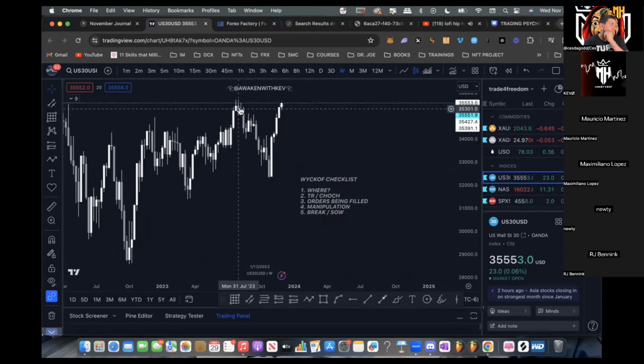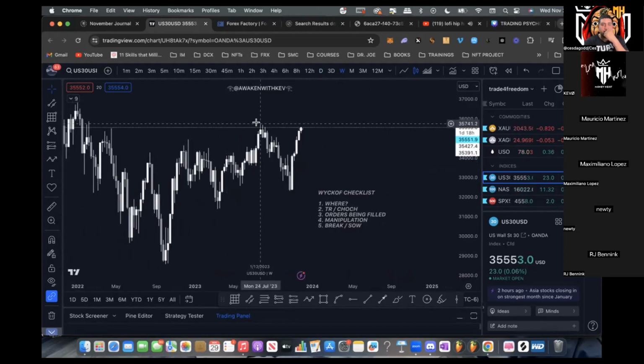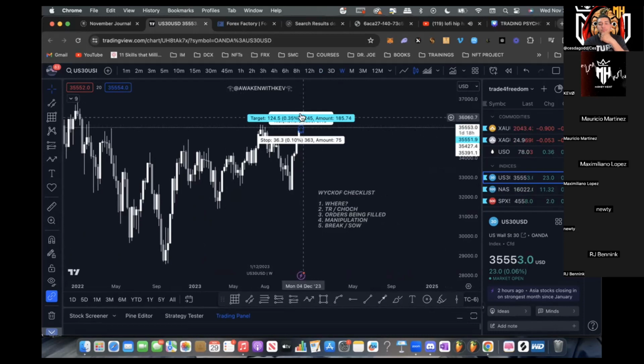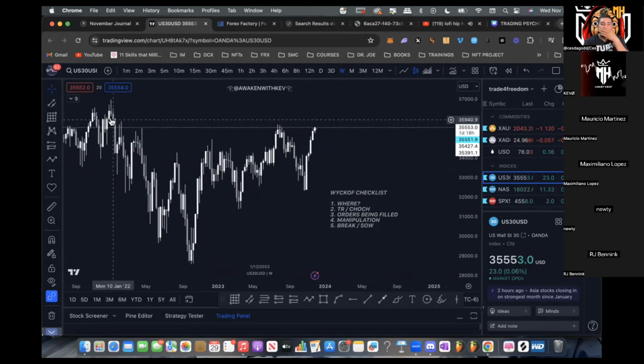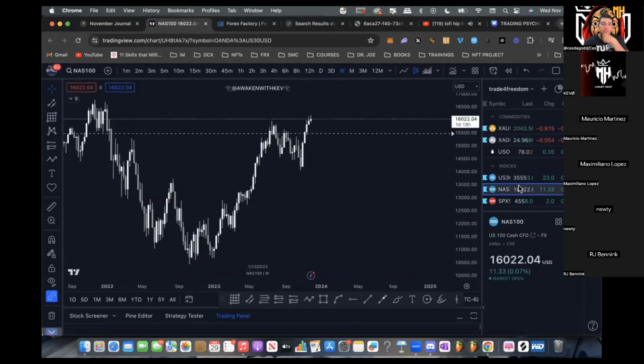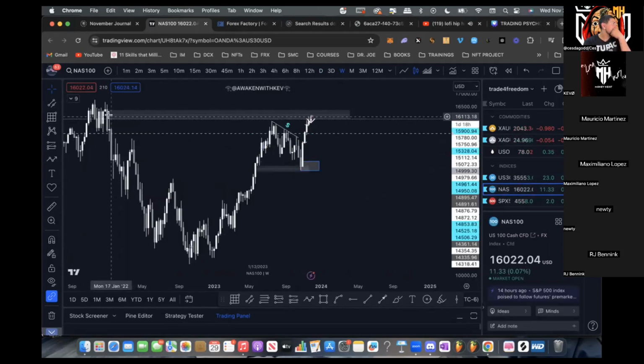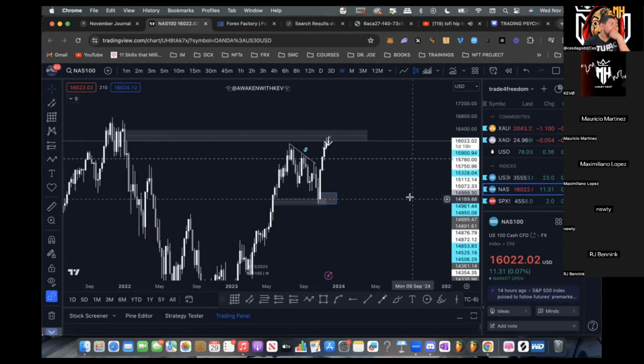We're already blowing past this order block that already got mitigated, so all of this is healthy price action and basically liquidity. I think US 30 can run this high first and maybe come and tag this. But I do like NAS and S&P because we are in this weekly imbalance right now, and we are seeing reactions.